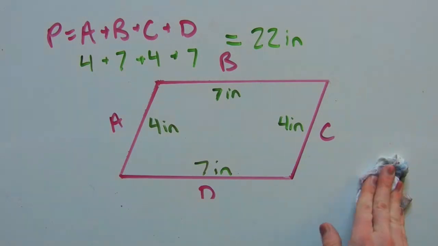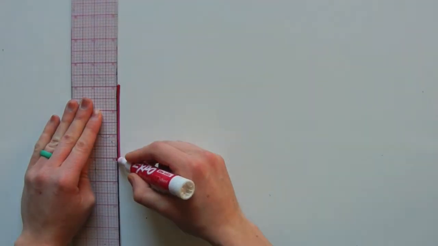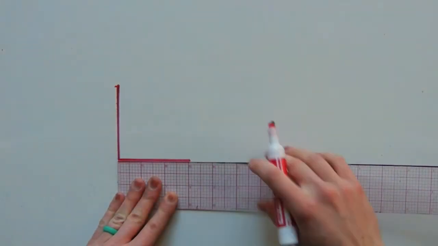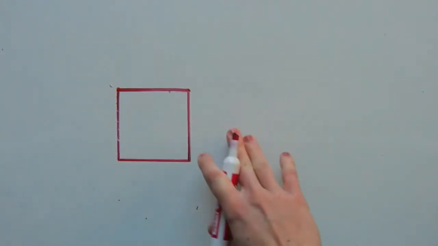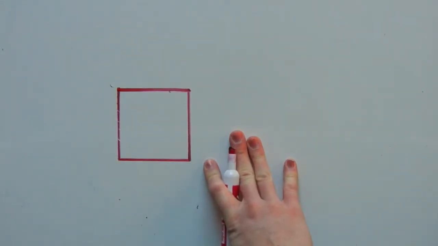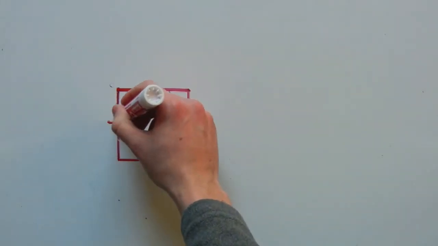Let's look at one more example of perimeter. What I've drawn here is another quadrilateral. This quadrilateral, however, is a square. On a square, each of the sides are congruent.